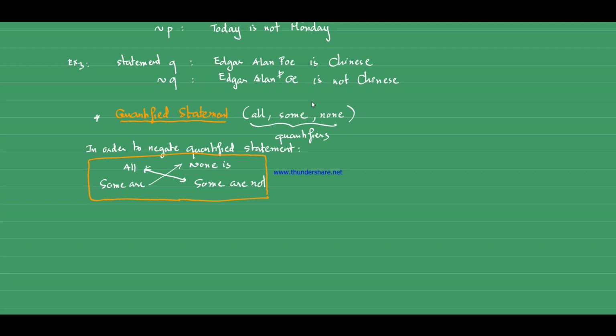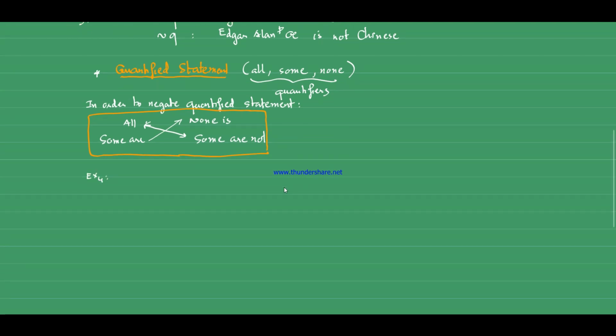Let's say, how about this? Example number 4. I have a statement like this: all humans are mortal.